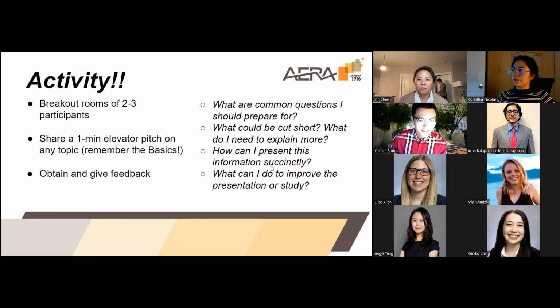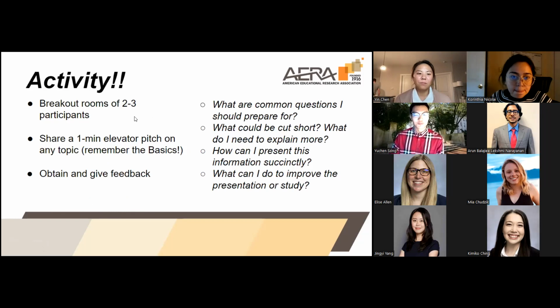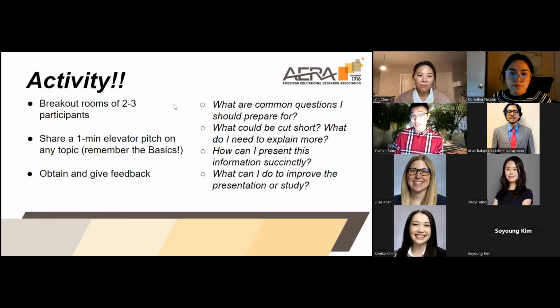All right. And with our activity, I would like to break our participants into rooms of 2 to 3. Within the breakout room, people can share the 1-minute elevator pitch that I just talked about. This can be on any topic. It doesn't have to be research, but if you have been too primed to not talk about your research, it's totally fine.